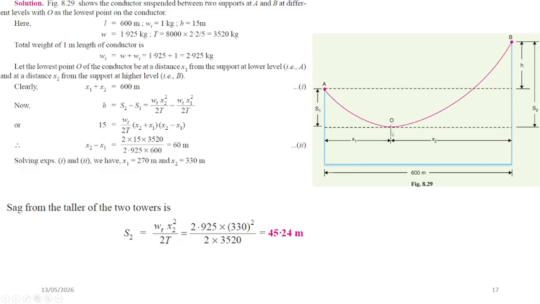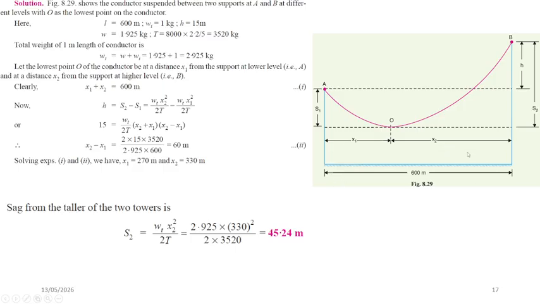So we want to find the lowest point, which is O. From here we can assume that this is x1 and x2, with x1 plus x2 equal to 600 meter.